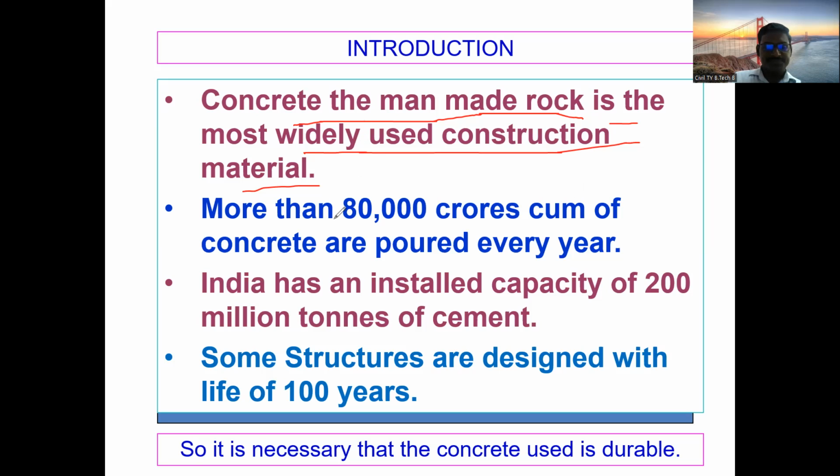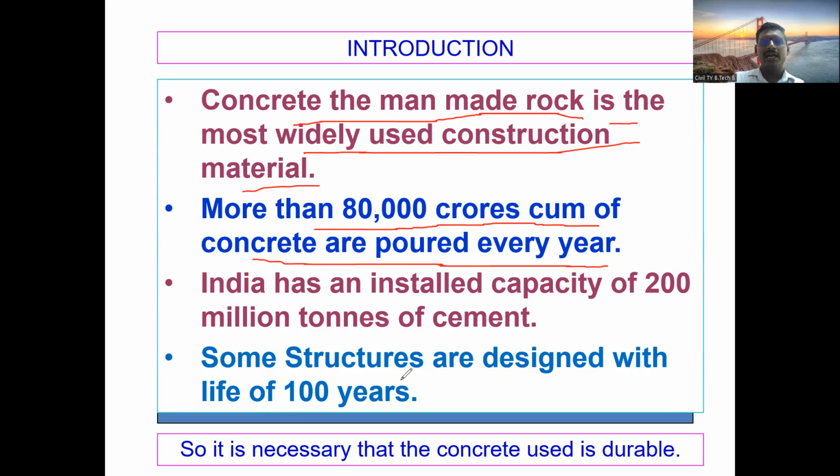So now, generally more than 80,000 crore cubic meters of concrete are poured every year. Can you imagine? 80,000 crore cubic meters of concrete we are pouring, म्हणजे आपण प्लेस करतो, every year.